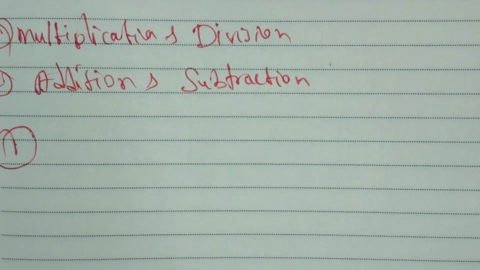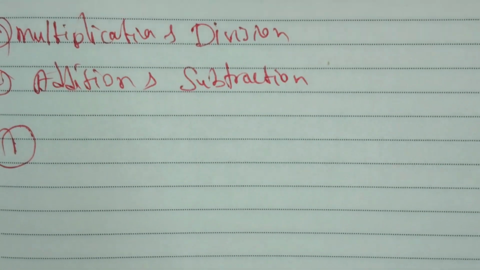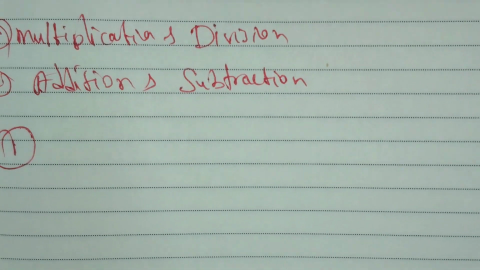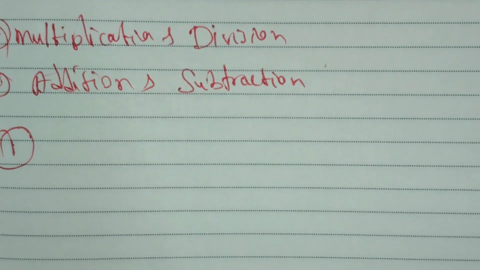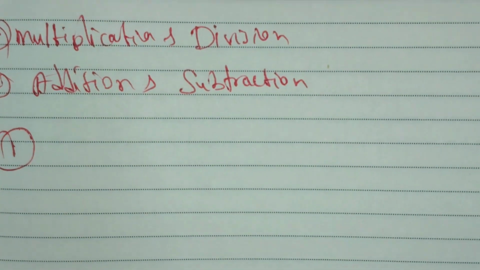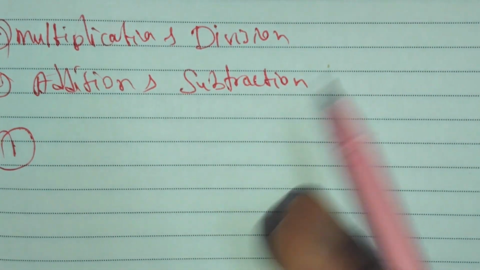For multiplication, the integer values are multiplied, but the exponent values are added. Similarly, for division, the integer values are divided, but the exponent values are subtracted.